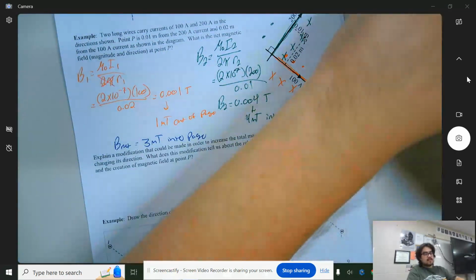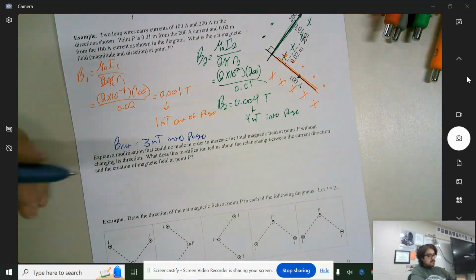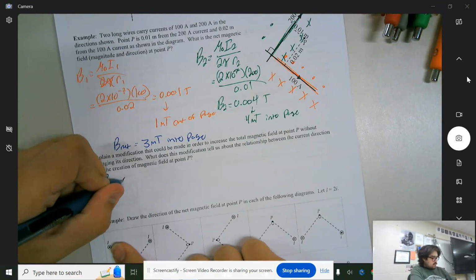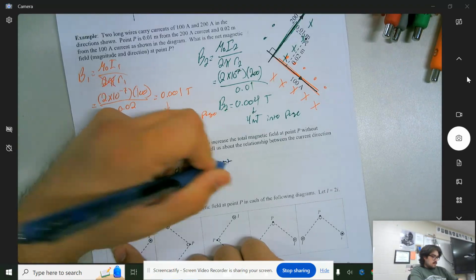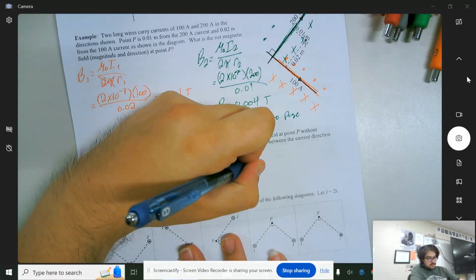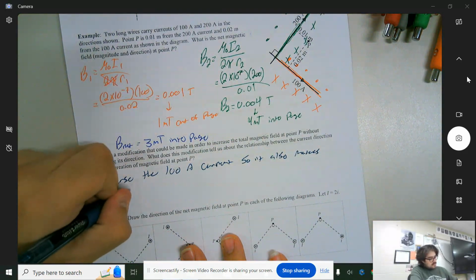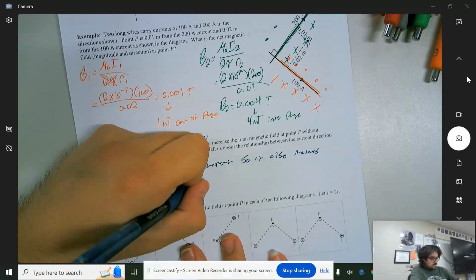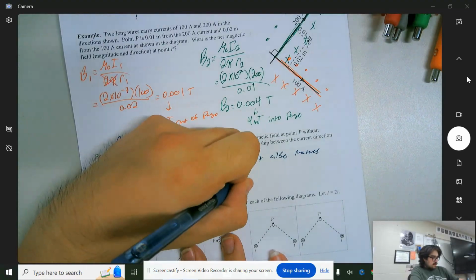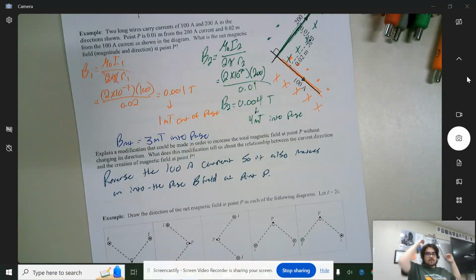So what we can actually do, okay, is reverse the 100 amp current, so it also makes an into-the-page B field at point P, okay, and then both currents now go into the page, okay.